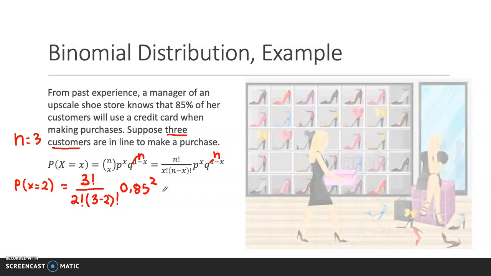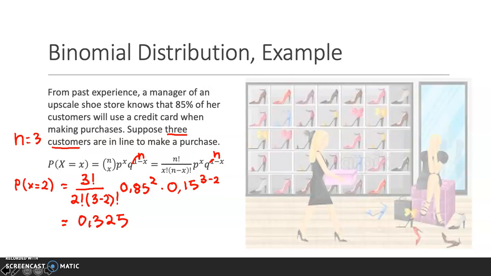so 0.85 to the power of 2, times the failure probability 0.15 to the power of n minus x, which is 3 minus 2. And using your calculator, you will get a result equal to 0.325.